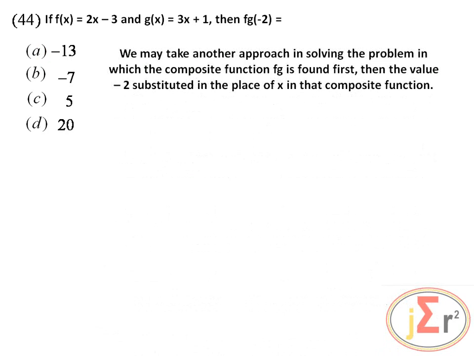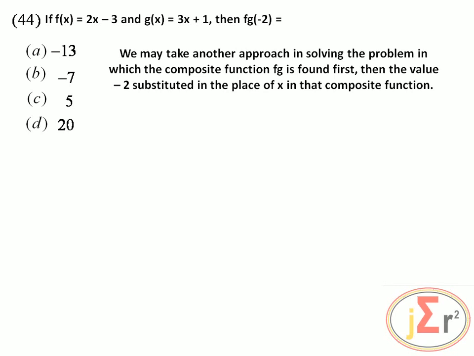We may take another approach in solving the problem in which the composite function f of g is found first, because as a matter of fact f of g is acting on negative 2, so we find f of g first. Then the value negative 2 will be substituted in the place of x in that composite function.